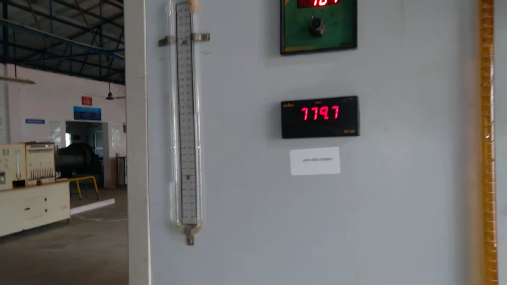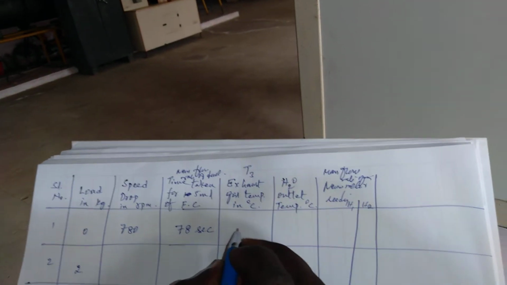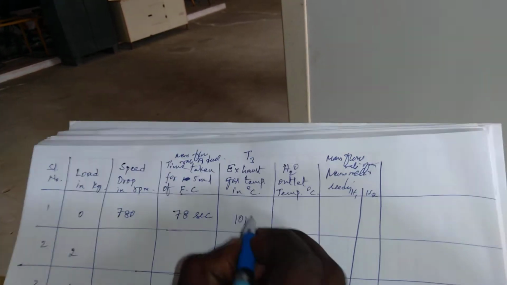Here it shows 101, that is T3. T3 indicates the exhaust gas outlet temperature. It's around 101 degrees Celsius.